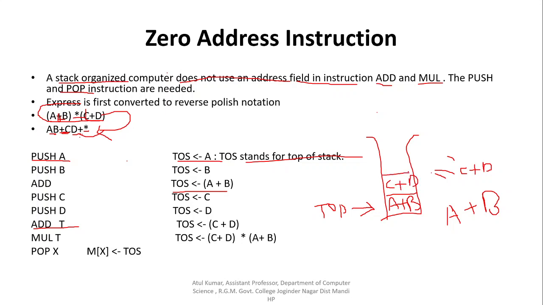After plus is encountered, star is encountered. So star is encountered, and again these two operands are popped, so A plus B multiplied by C plus D is performed, and the result is pushed back into the stack.